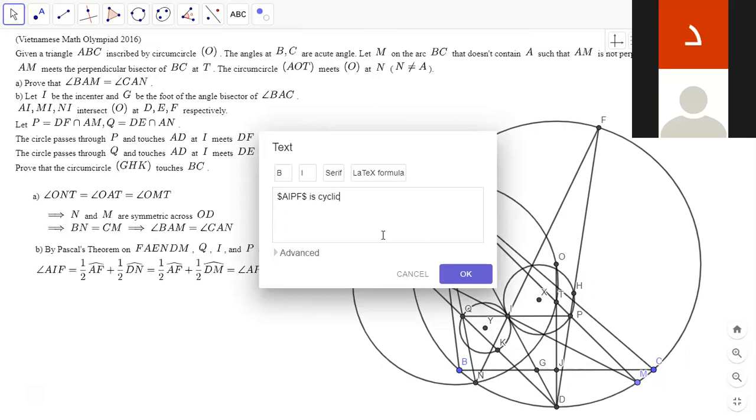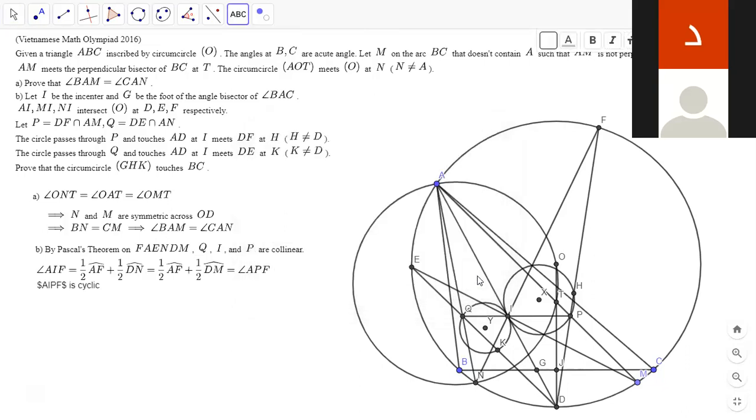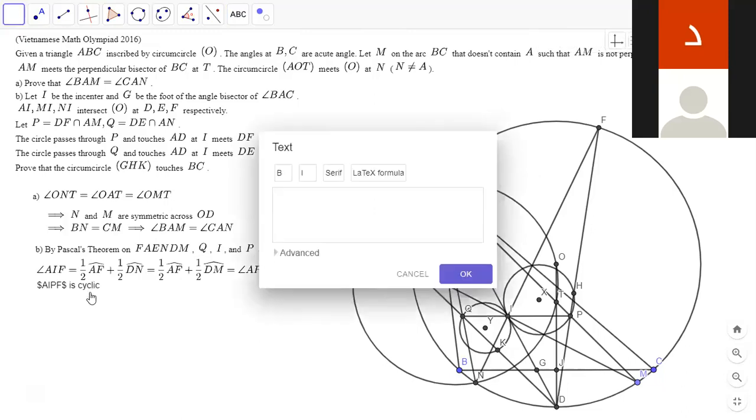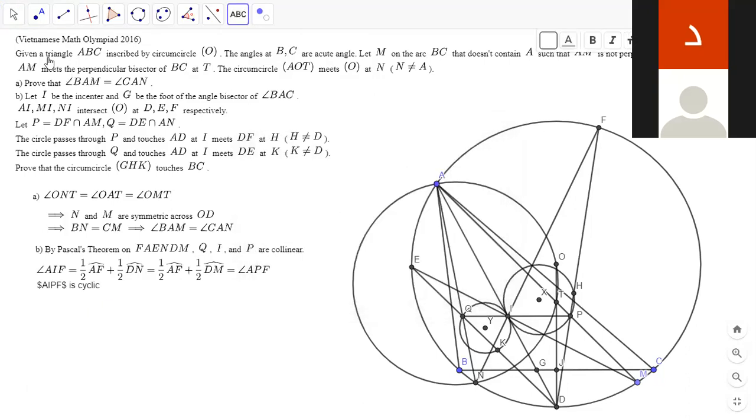And that means we have angle API is AFI is AFN. Whoops, I'm going to fix that later.